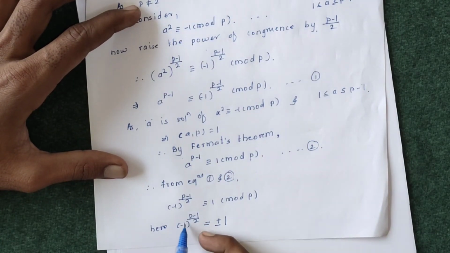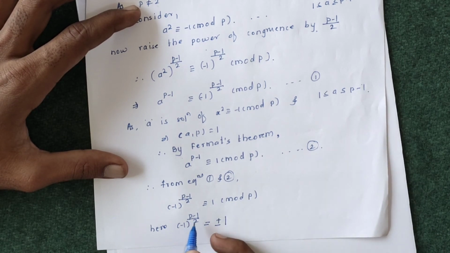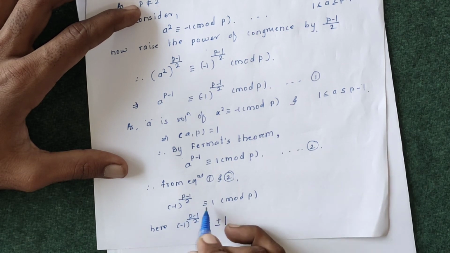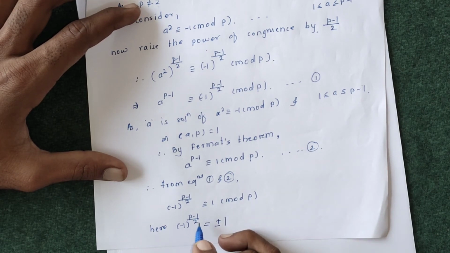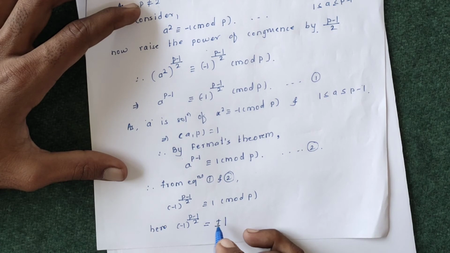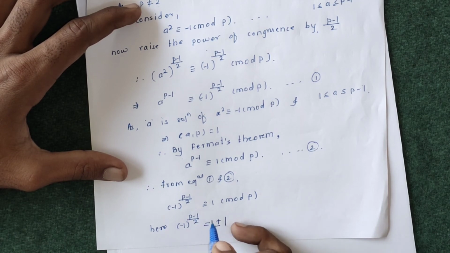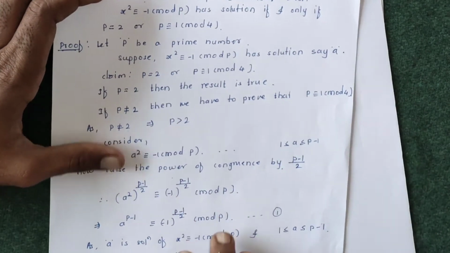So this is possible only when minus 1 raised to P minus 1 by 2 is plus 1, since 1 minus 1 is 0, and any prime divides 0. Minus 1 raised to something is equal to 1 whenever the power is an even number. So from this even number we get our claim.